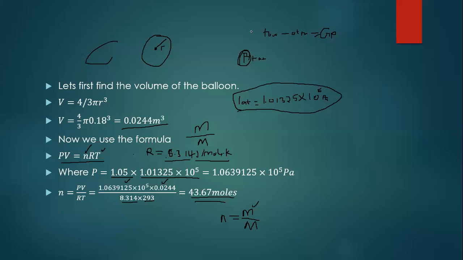All right. So we need to find the mass of the helium in the balloon. So our mass will be equal to the number of moles multiplied by the molecular mass. I've found the number of moles is 43.67.